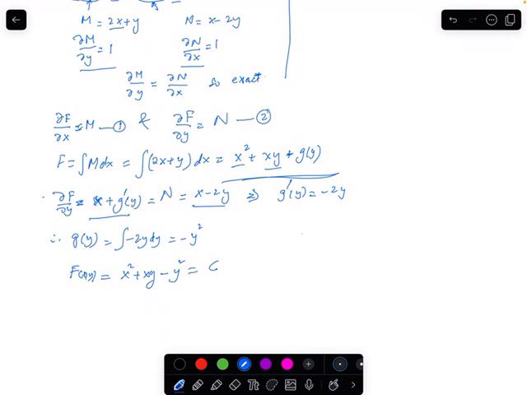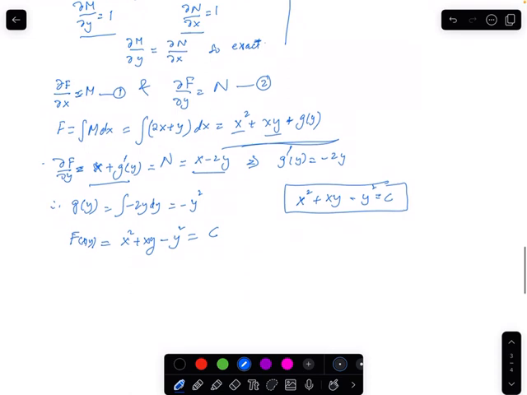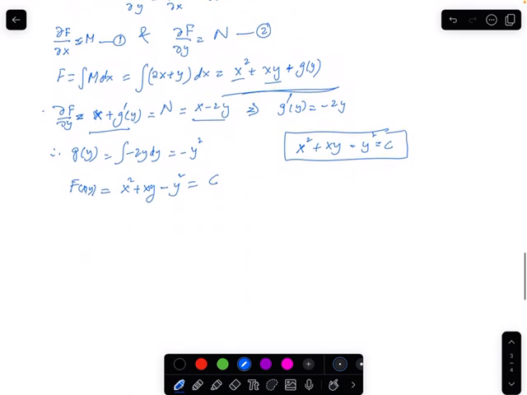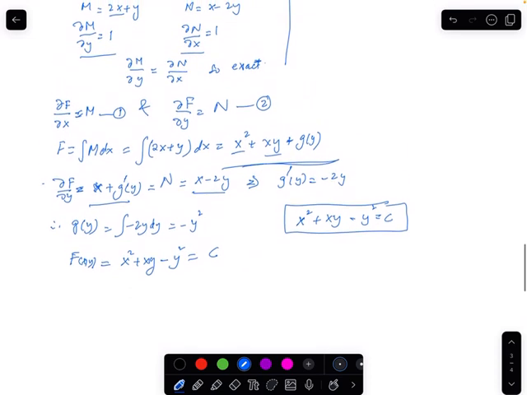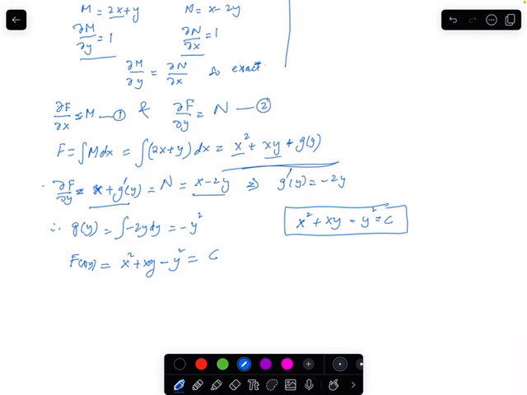We'll say x squared plus xy minus y squared is equal to c. So this is how we solve the exact equations.